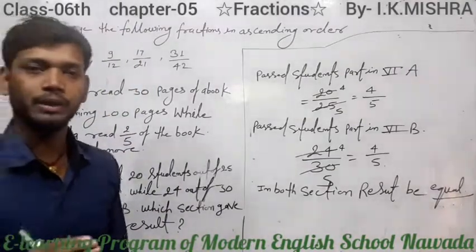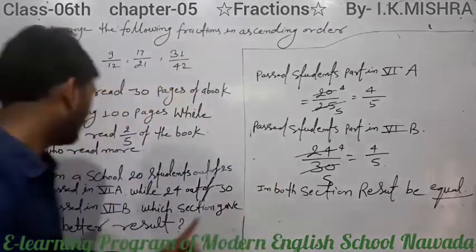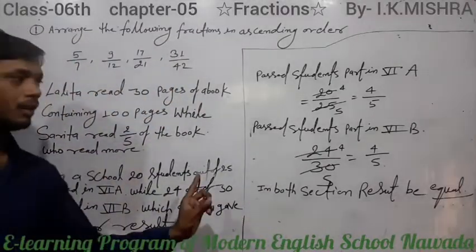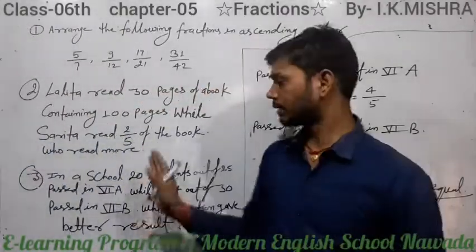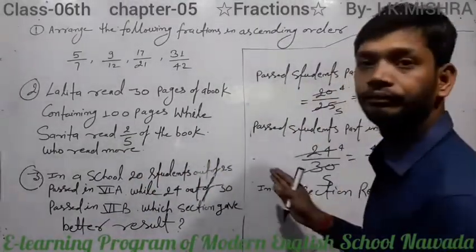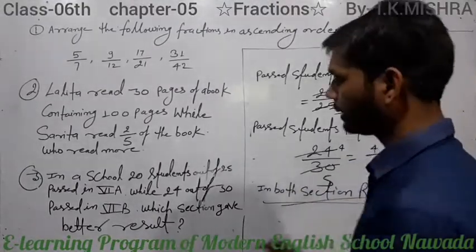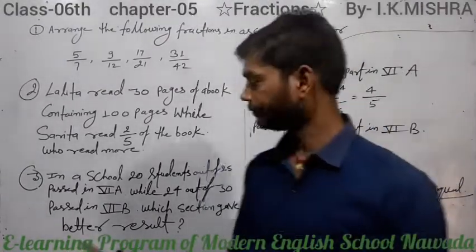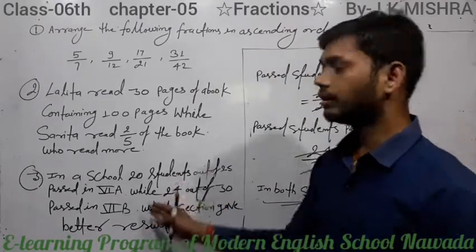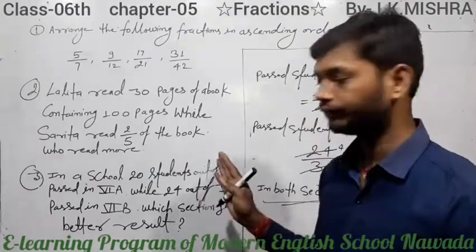No section has more students passed, neither A nor B is greater. In both sections an equal number of students passed, so the answer is equal. No section has a larger or smaller number of students passing.